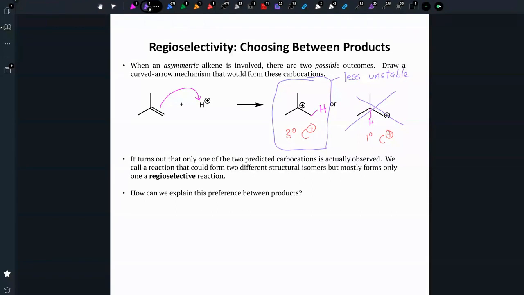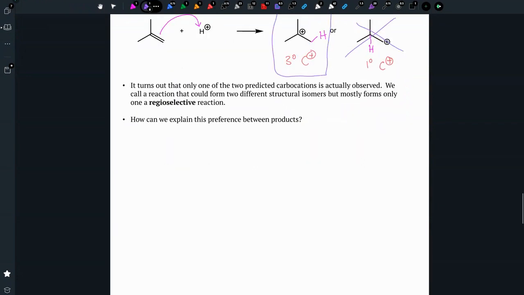This is an example of what we call regioselectivity. So notice my two products of this step are structural isomers. We call them regioisomers, where one atom or one group is bonded in a different place, in a different region of the molecule. And so this is called a regioselective reaction. The explanation is pretty simple. We already gave it.